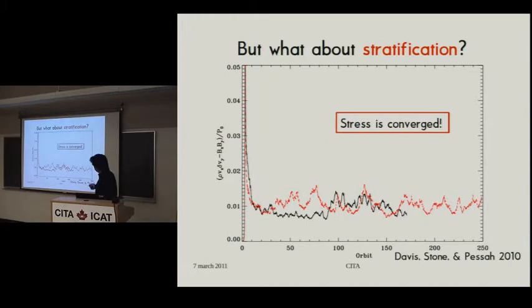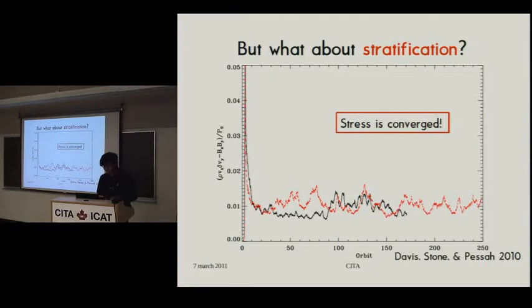What you see here is two different resolutions. The higher resolution, I think, is in black on this. Correct me if I'm wrong. I'm guessing because it ends earlier. Over a period of 150 orbits, we no longer have the problem that as you raise the resolution, the amount of stress drops. So this is converged, and that's very good.